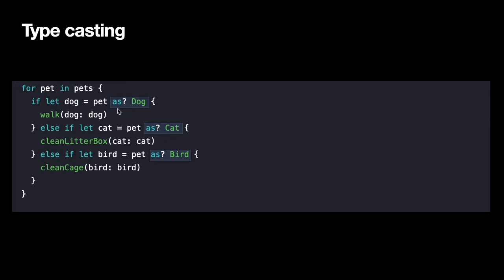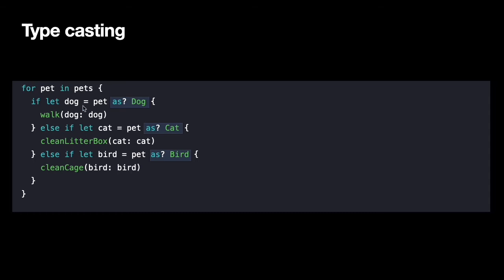We could forcibly typecast the pet as a dog using an exclamation mark. However, in that case, if the pet was not actually a dog, then our code would crash. Now that we have a non-optional dog, we can execute methods which are specific to the dog class, such as walk. We could not walk any arbitrary animal.